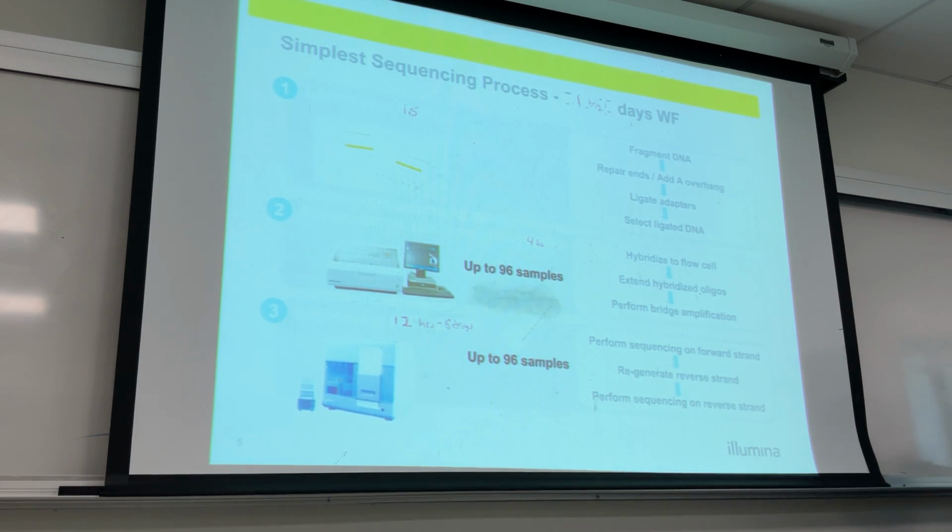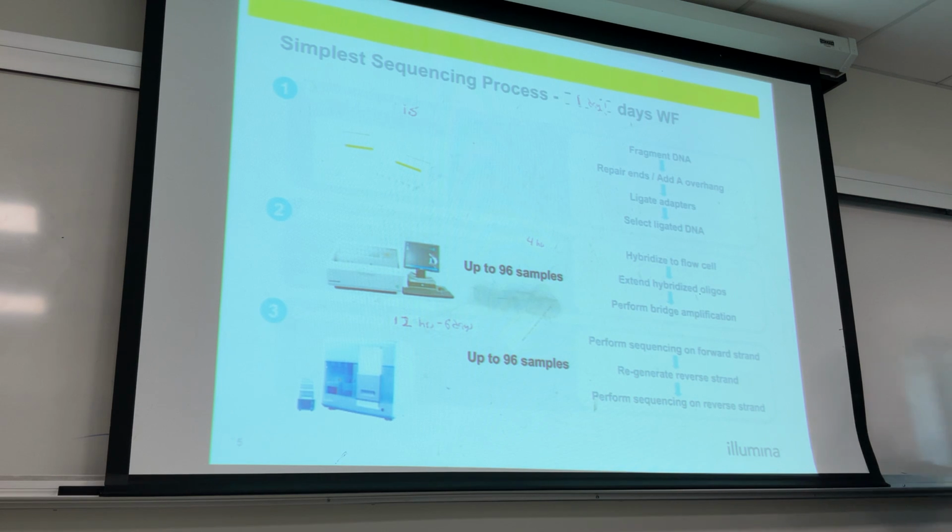Adapters are an essential part of being able to do next-gen sequencing. Without adapters having specific sequences, you would be dead in the water. Because remember, one of the things you need to be able to do sequencing is you need a known sequence to bind a primer to. So if you just have all these short little random fragments of DNA, you don't know the sequences necessarily of any of your fragments.